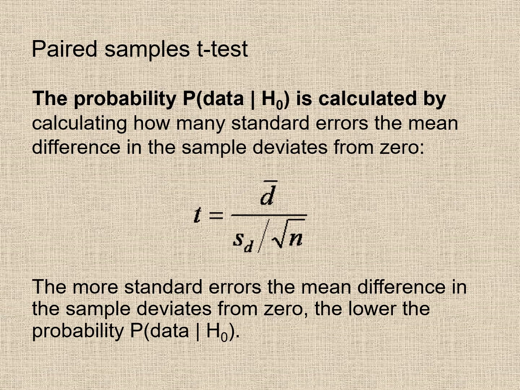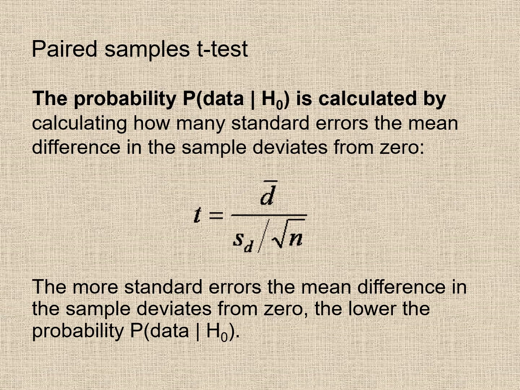So we take the mean difference in the sample divided by the standard error on the difference variable. And the standard error we receive by taking the standard deviation on the difference variable divided by the square root of the sample size.